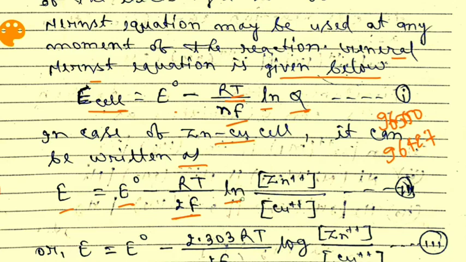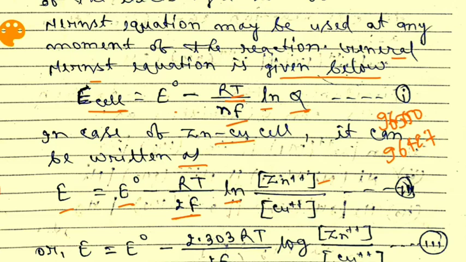And log on base e of the concentration of the oxidation cell electrolyte by the concentration of the reduction cell electrolyte.